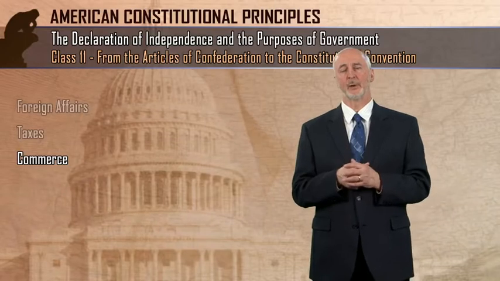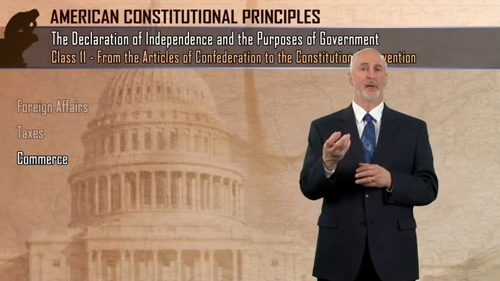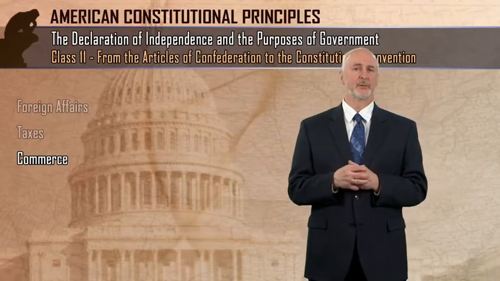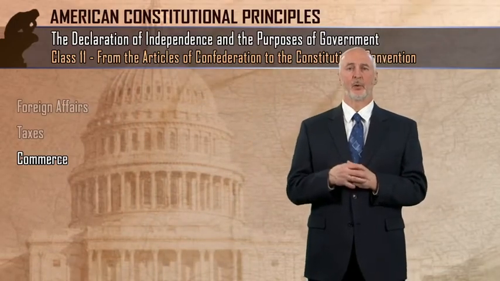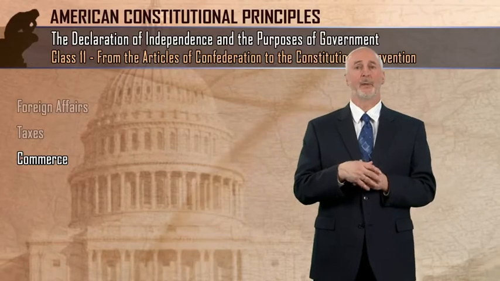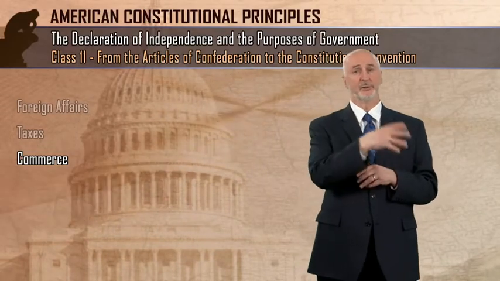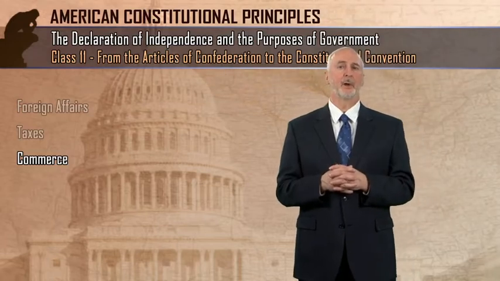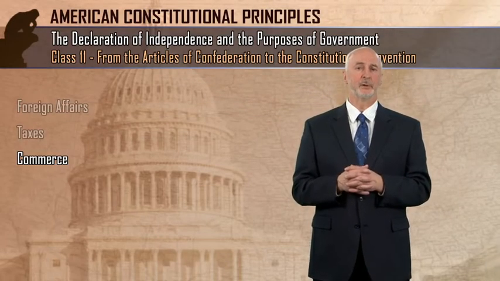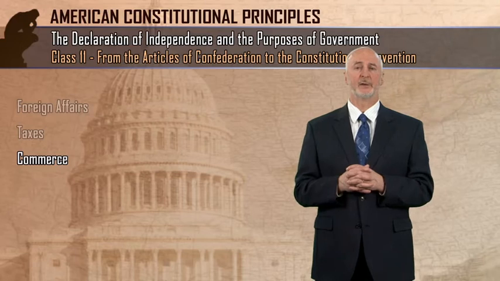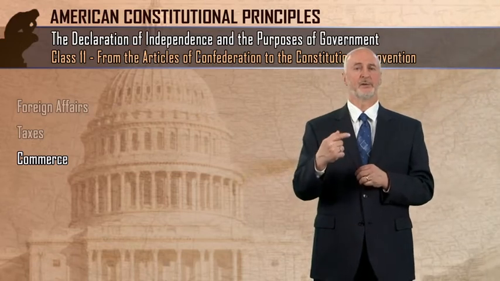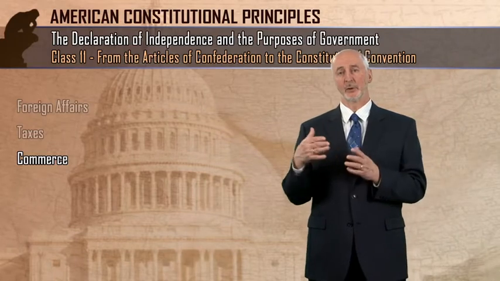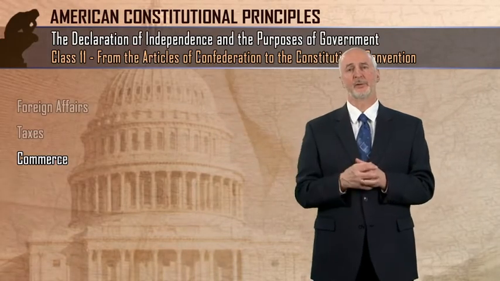Take one example. New York is a major port. A lot of goods enter, perhaps especially from England, through that port, and then they go through New York and they go to other places like New Jersey and Connecticut. Well, of course, you can imagine it would be a pretty great boon to New York State finances if they would establish certain kinds of financial exactions on the goods going through the port to the other states.